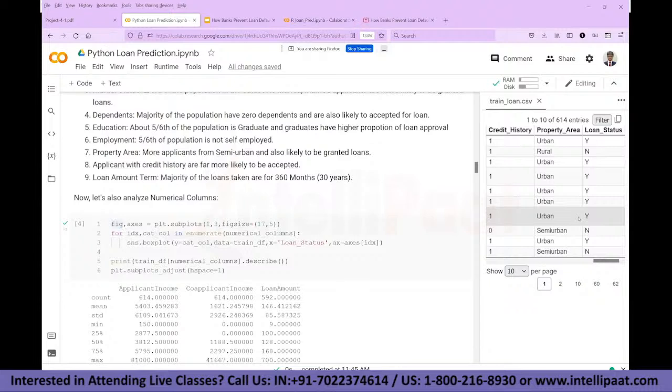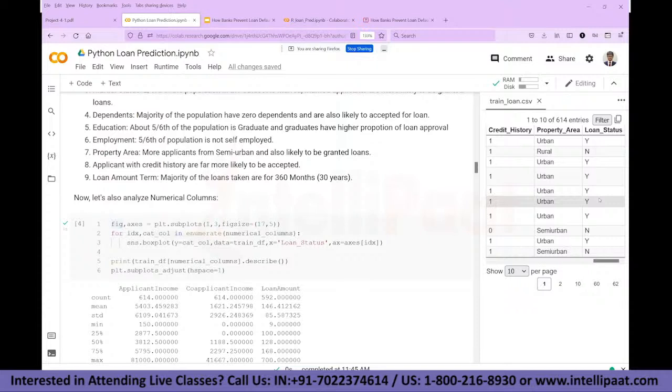I need to know what the loan status is for tomorrow if 5 applicants are coming to me in the bank, and I need to know whether I should give them a loan or not. I don't have this loan status now. So predictive models, or prediction, is done for the future.